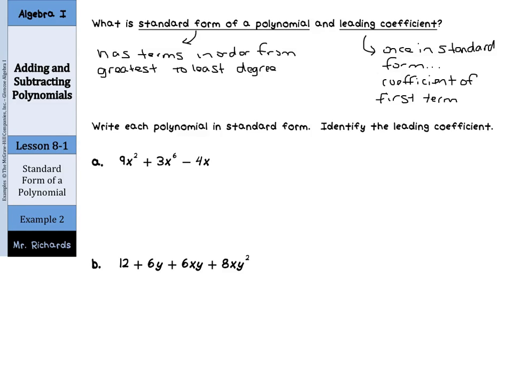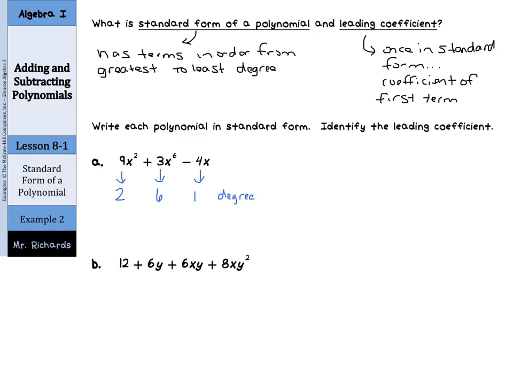So now we're asked, write each polynomial in standard form and identify the leading coefficient. Well, let's take a look at what degree each term is in. 9x squared, that's a second degree. 3x to the sixth is a sixth degree. And 4x is a first degree. And so we want to write that out, since these are the degrees, from greatest to least degree.